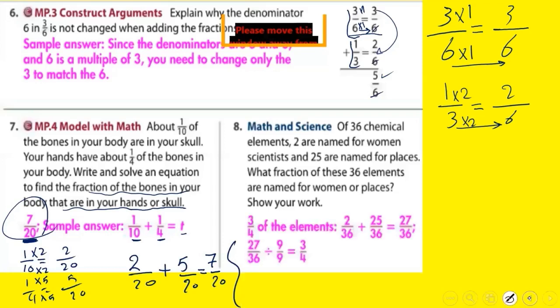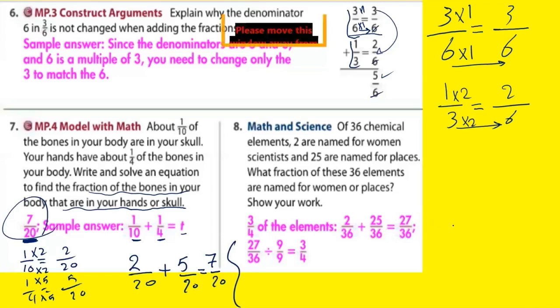As you see in front of you, it will be 3 over 4, but how? 2 over 36 will represent the ratio of the women, and 25 over 36 will be the ratio of places. When we add 25 plus 2, it will be 27 over 36.